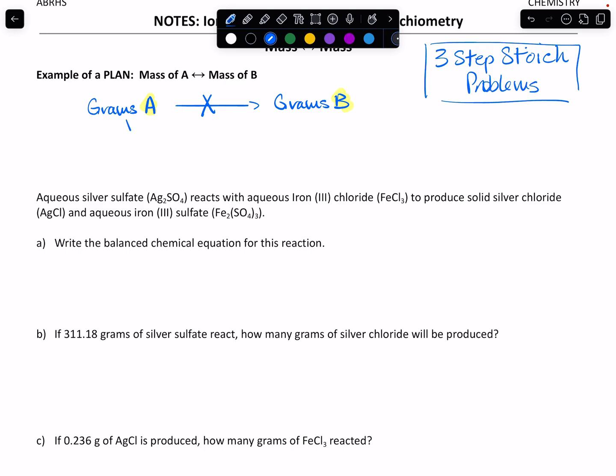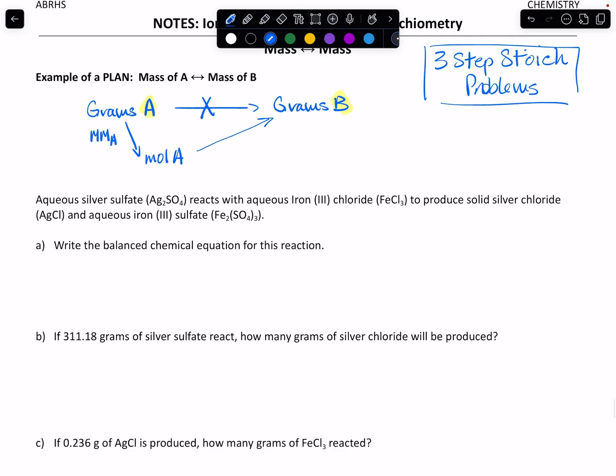So my first step is going to be to take the grams of A and convert that into moles of A. I do that by using the molar mass of that substance using the periodic table. Now, moles of A to grams of B, that's still not going to work, right? Because I still have two different chemical entities. So I'm not quite there yet.